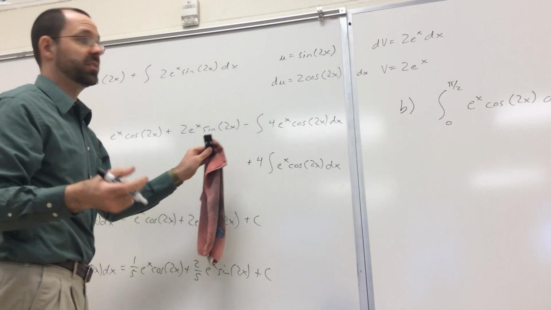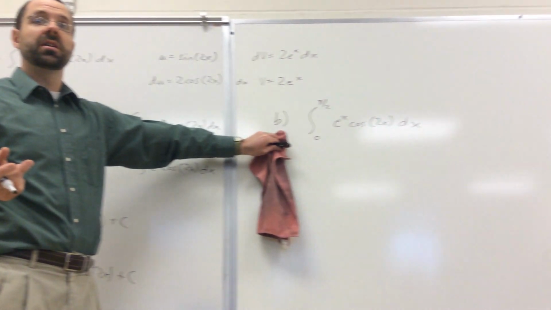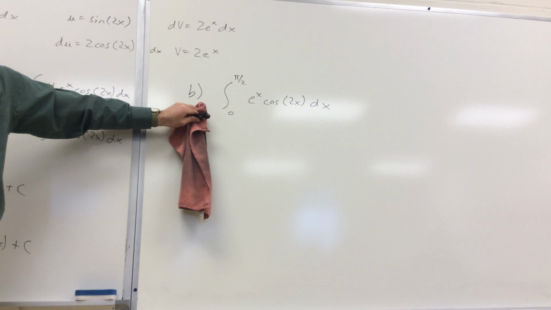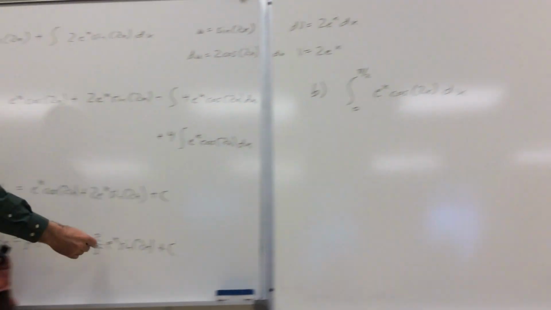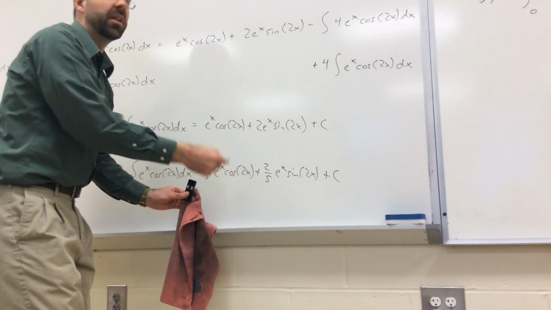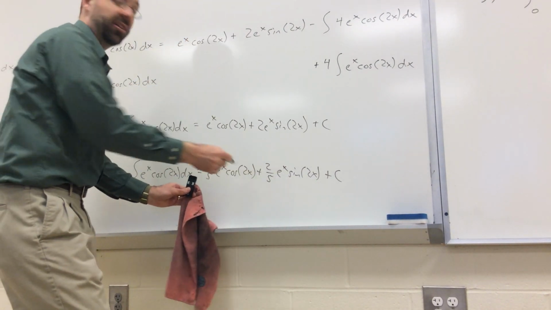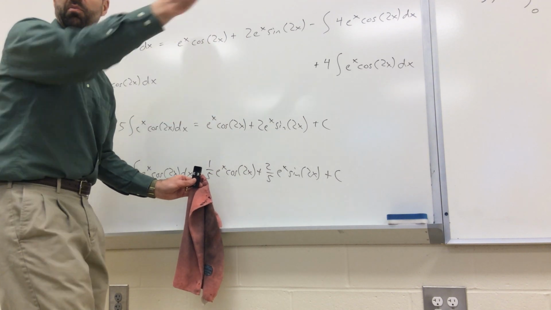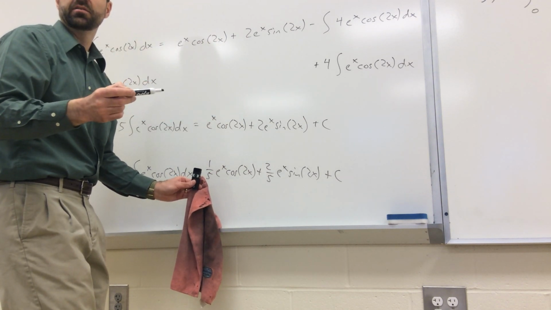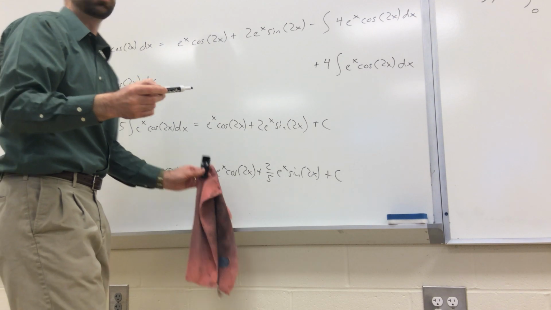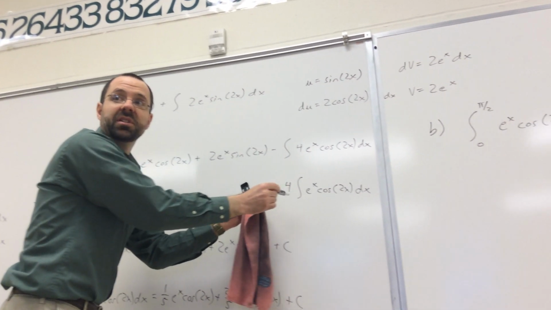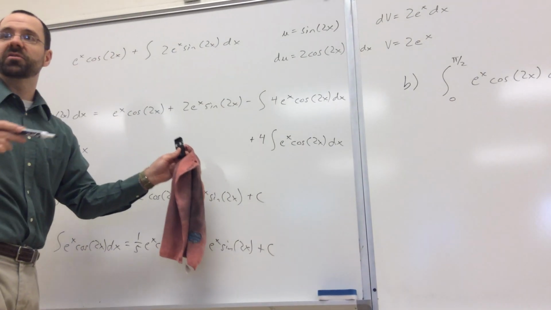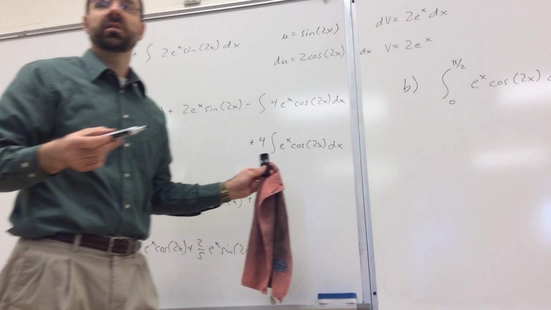So when you have a problem like this, get rid of the numbers and figure out the antiderivative first, just like we did in part A. Then, when you have your antiderivative, go back to this, write it down, and put the line 0 to pi over 2 at the very end. So don't bother with numbers and numbers and numbers. Just leave it as a straight up antiderivative instead of an integral.